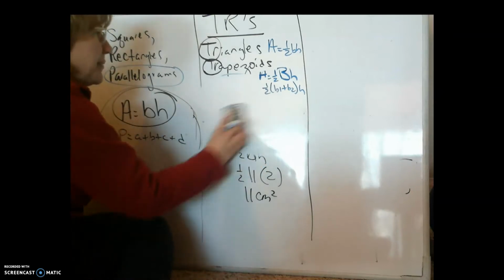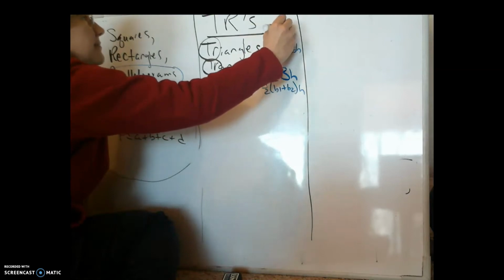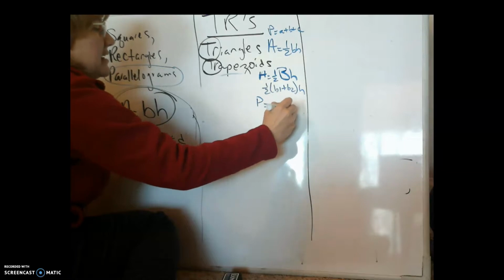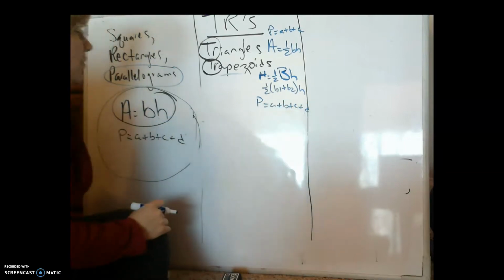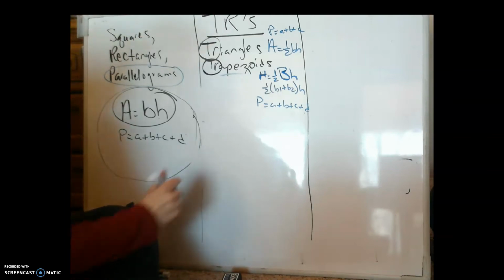And then as far as perimeter, on a triangle, you would just add up the sides. And on a trapezoid, you could just add up the sides. So adding up the sides always works. Now, again, you might have to do Pythagorean theorem or something like that to get the side length, especially if we're dealing with dot paper.